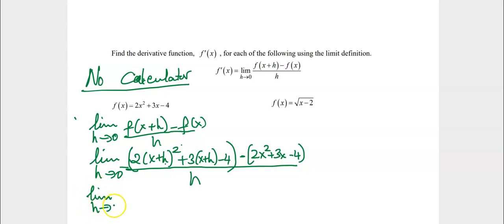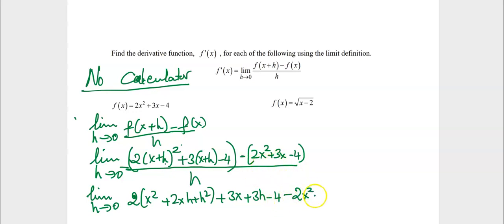Limit as h approaches 0, expand: 2 times x squared plus 2xh plus h squared, plus 3x plus 3h minus 4. Then remove the parentheses: minus 2x squared minus 3x plus 4, divided by h.